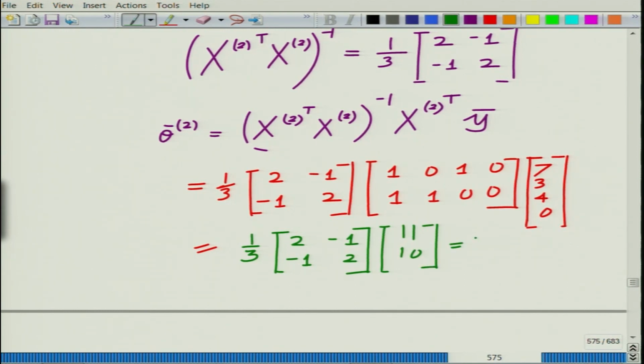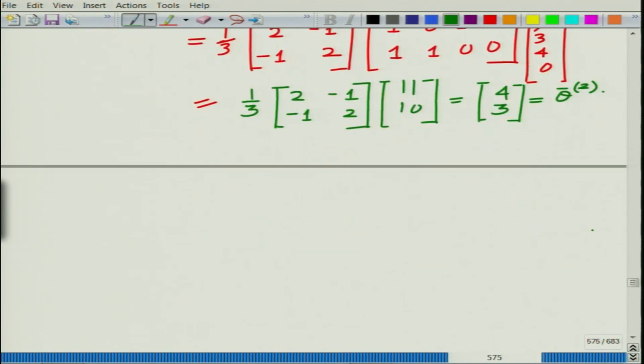Now if you evaluate this, it is 22 minus 10, 12 divided by 3, that is 4, and this is 20 minus 11, that is 9 divided by 3, that is 3. So this is essentially your theta bar 2. Okay, and now to complete this iteration, we found x2, the augmented basis matrix, and we find theta bar 2, the estimate of the non-zero coefficients of the parameter vector.